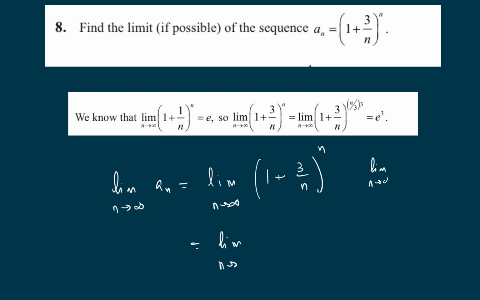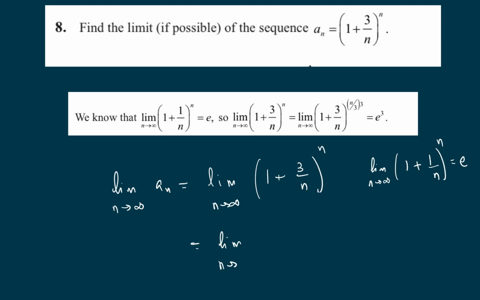When n goes to infinity, (1 + 1/n)^n is the number e. You can plug in numbers here. For example, 1 million: (1 + 1/1,000,000)^1,000,000 will be about 2.7.